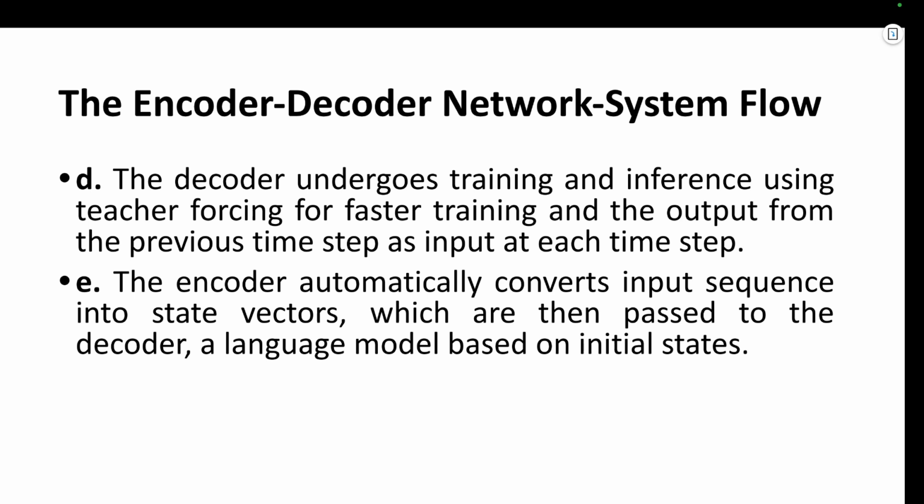Now let us understand the flow of encoder-decoder. The decoder undergoes training and inference using teacher forcing for faster training, with the output from the previous time step as the input at each time step, whereas the encoder automatically converts the input sequence into state vectors which are then passed to the decoder language model as the initial state.